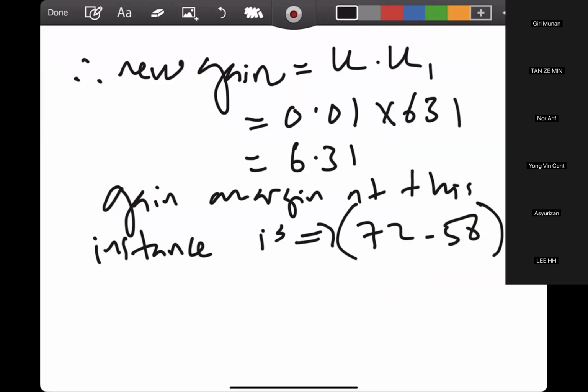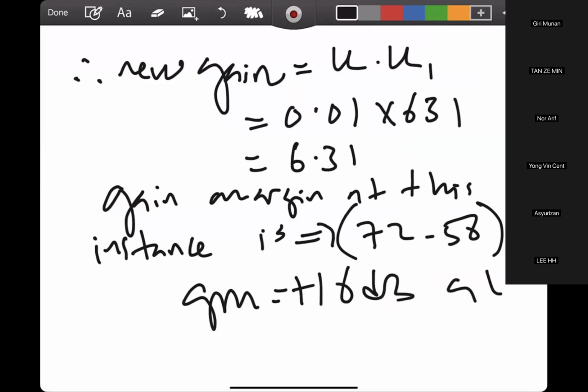Okay, which is equal to 16 decibel. At omega PM equal to 7 radian per second. The difference. Okay.